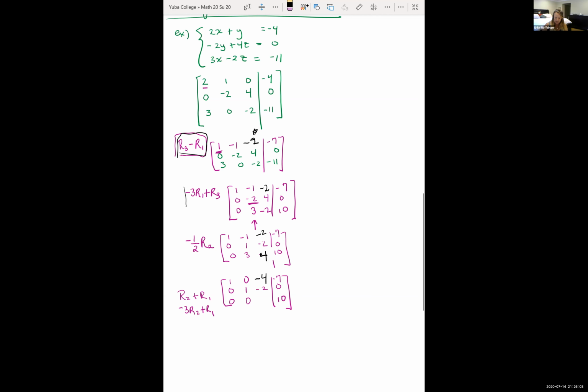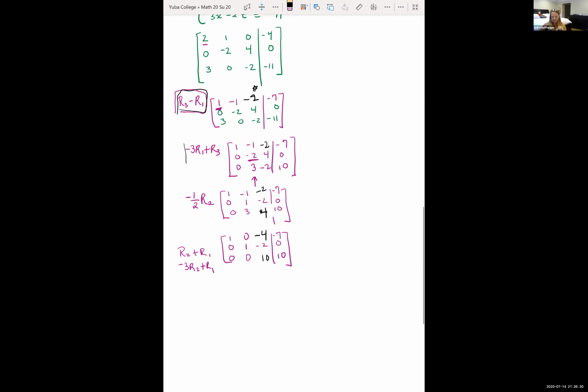Negative 3 times negative 2 is 6. 6 plus 4 is 10. Is that right? And then 3, that's 10. I'm still not getting that it's inconsistent.